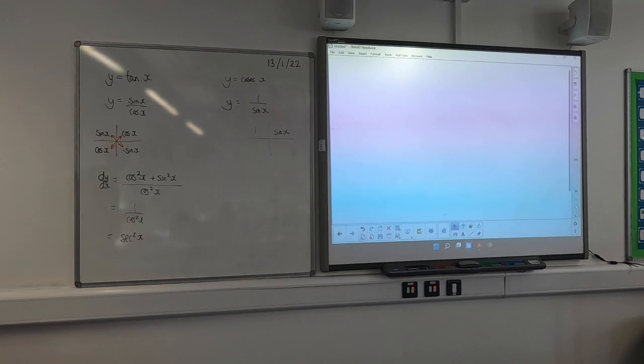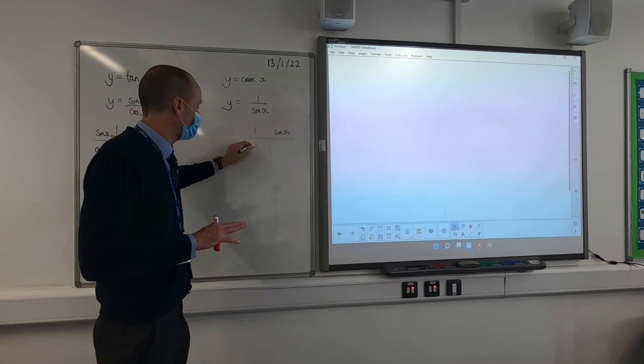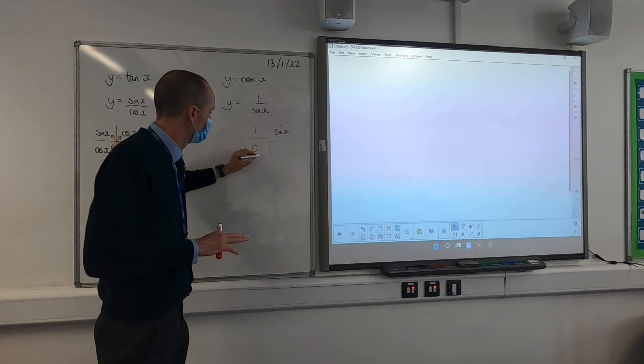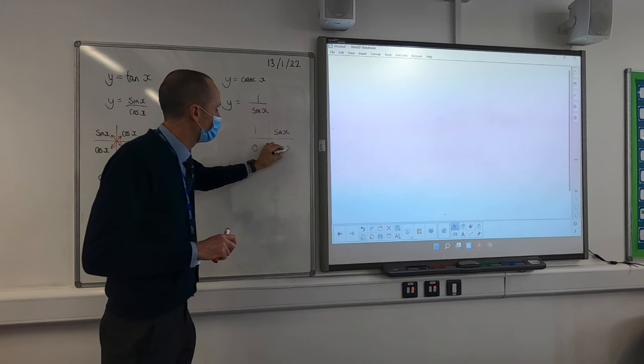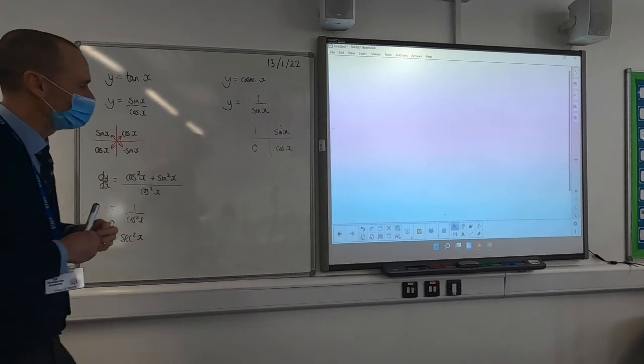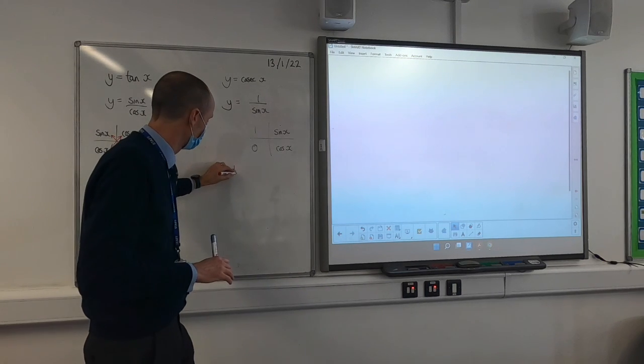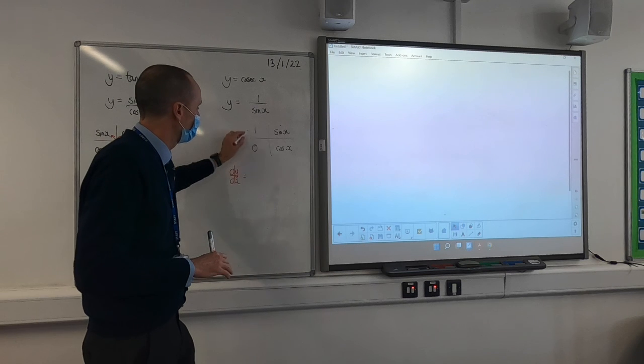And the great news about when you've got a quotient like that is that when you differentiate 1, it disappears. What that strictly means is it becomes 0. Sin x becomes cos x. So I end up with 0 times sin x, nothing, minus that times that.